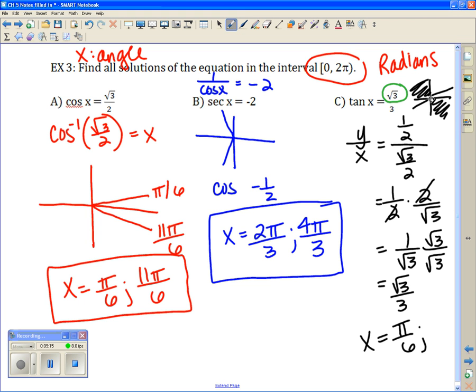And x value, y value of negative 1/2, x value of negative root 3 over 2, that would be 7 pi over 6. One notation for this type of problem is to show this one would be positive and this one would be positive, or this one would be negative and this one would be negative.